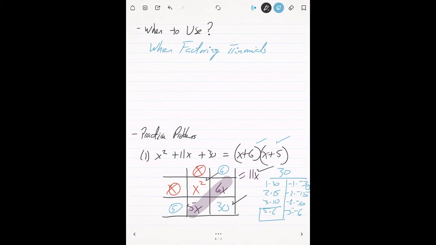Now, there's a specific note that we need to put in here for when we can use this. We are factoring using the box method, or as the book sometimes refers to it as the trial and error method, when we're factoring trinomials, but notice that all of the trinomials we factor have a leading coefficient of 1.